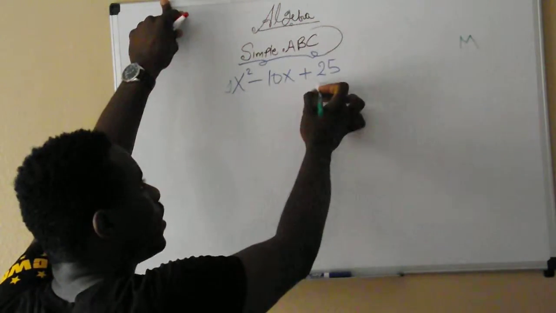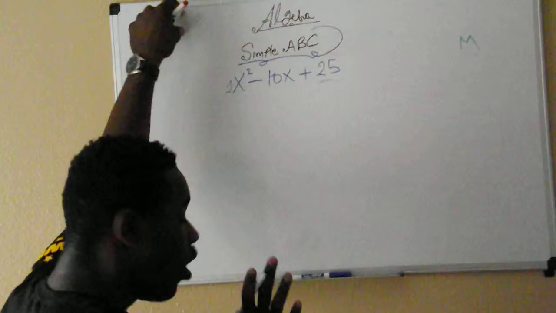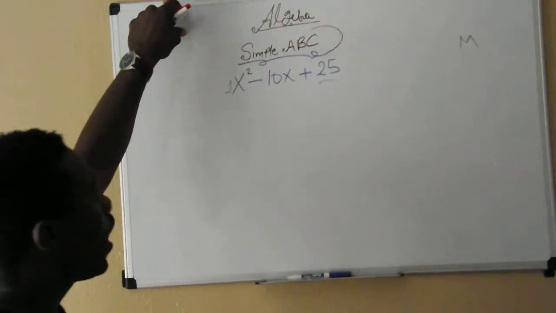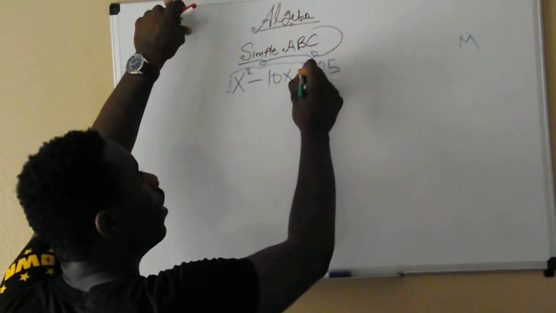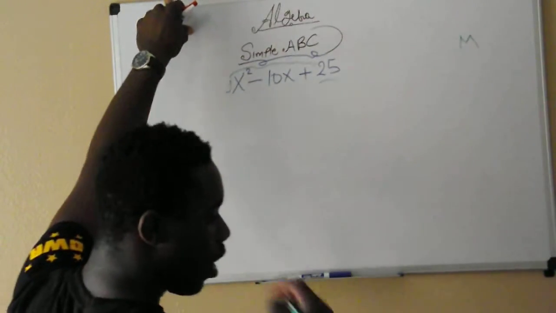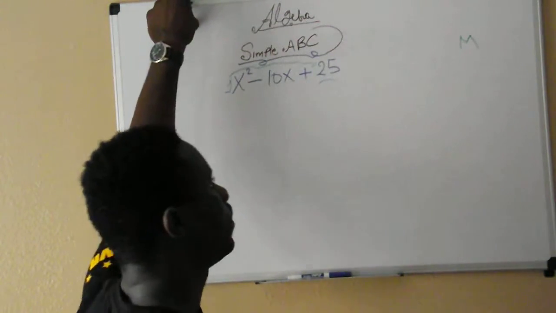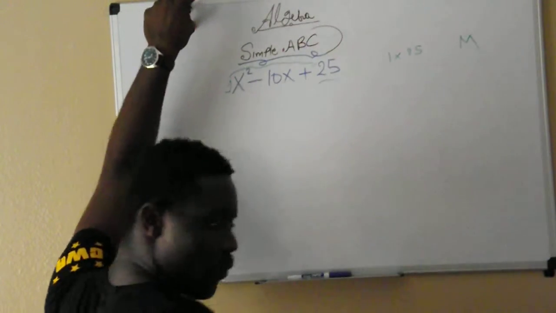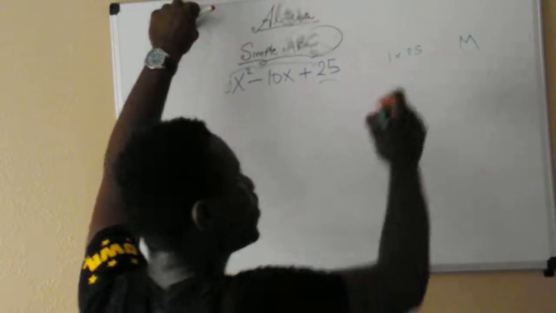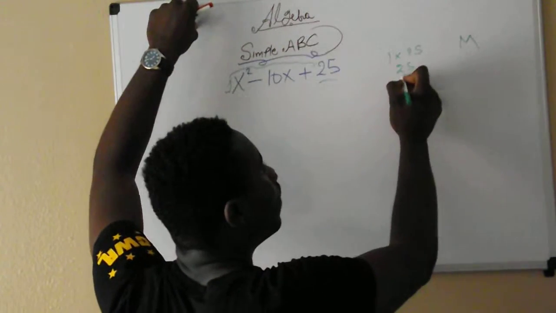This is a natural constant. So you take the number that is on the variable and multiply it with the constant. It's going to be 1 times 25. We already know that 1 times any number is that number, so the answer is 25.